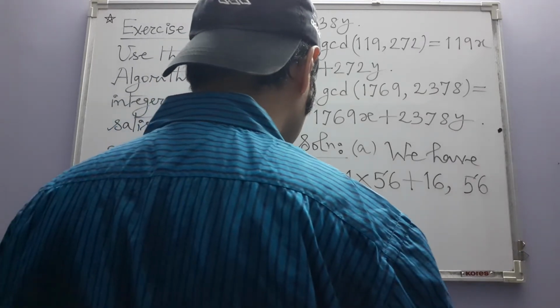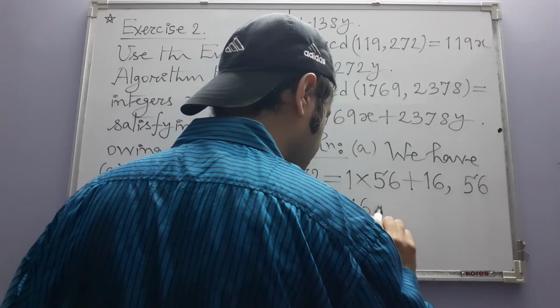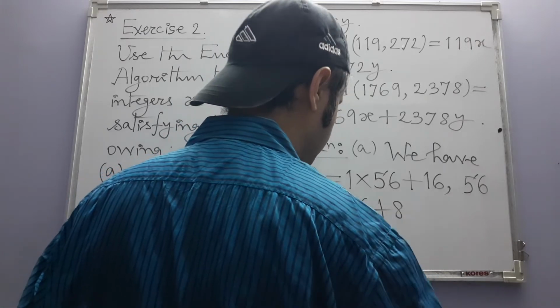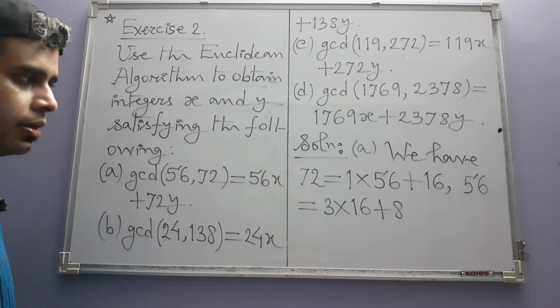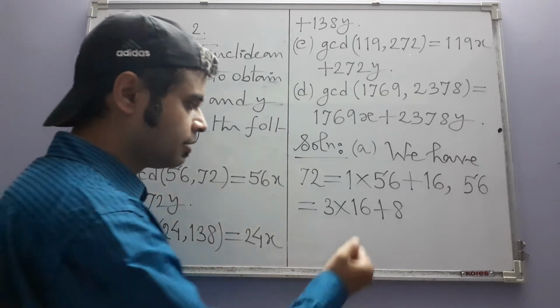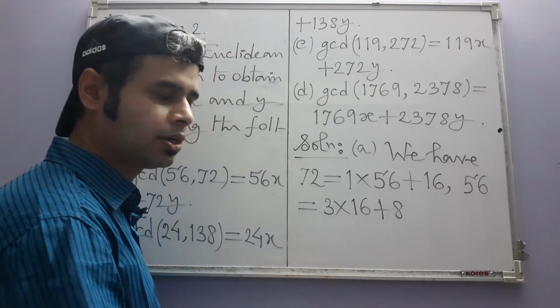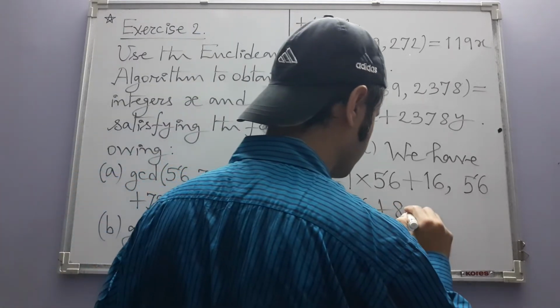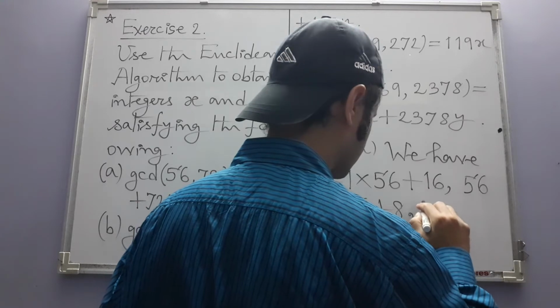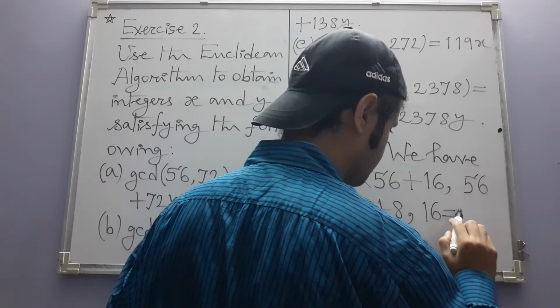So this turns out to be 3 times 16 plus 8. 8 is the remainder here. And in the next step we again divide the divisor by the remainder, and here we will have complete division, that is a 0 remainder. And there the process stops.